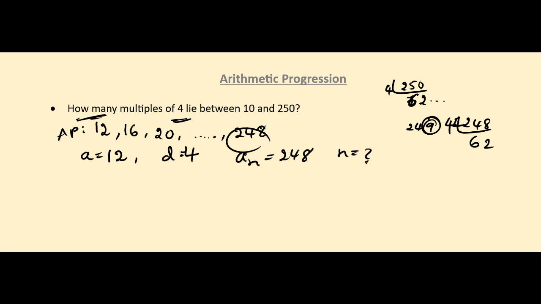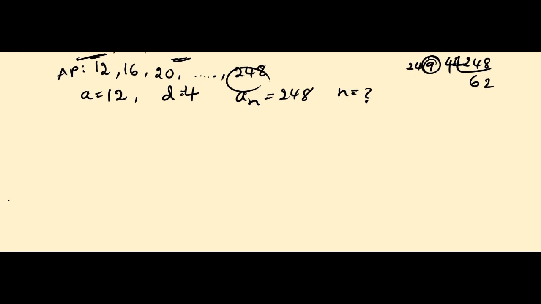We use the same formula as in the previous problem: an is equal to a plus n minus 1 into d. An is the last term, 248, equal to a, the first term, 12, plus n minus 1 into d, which is 4.